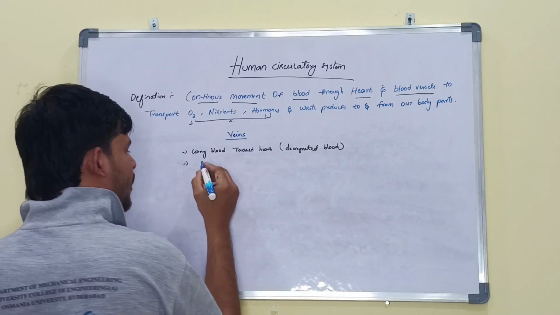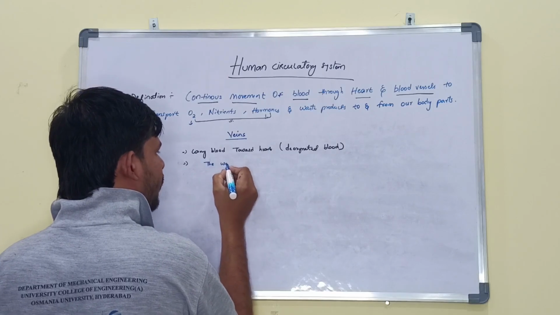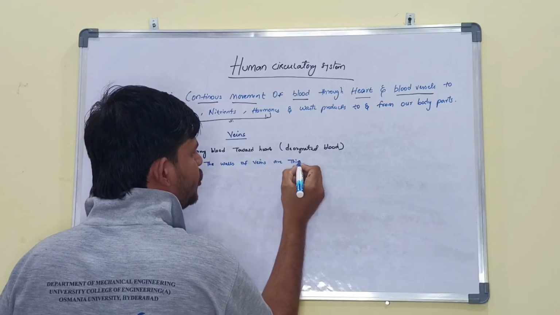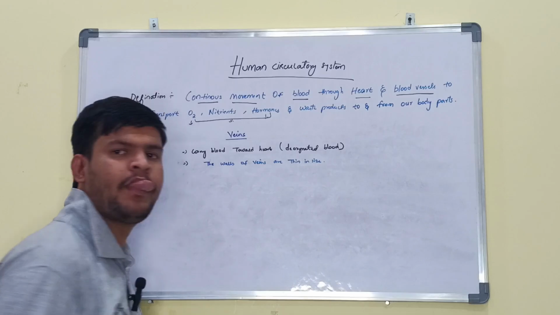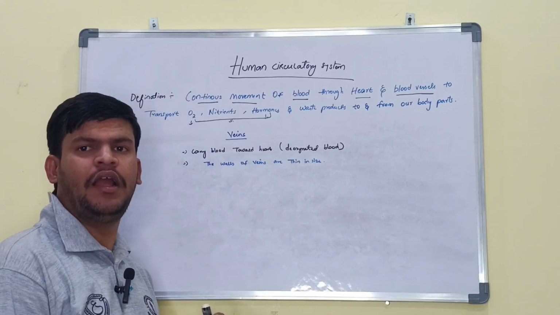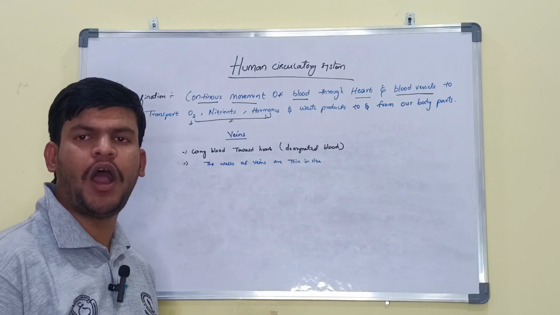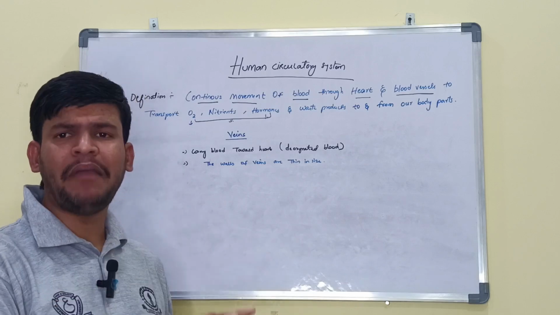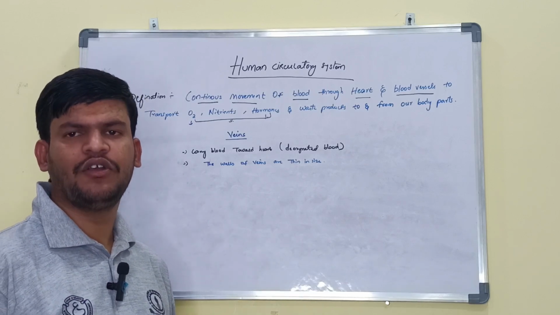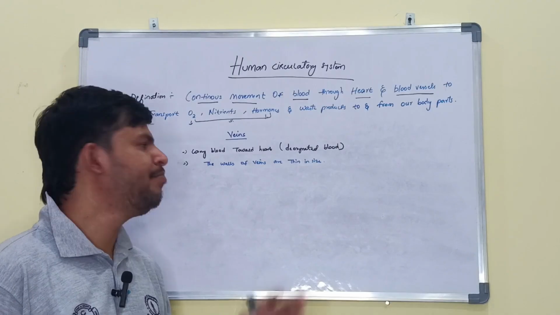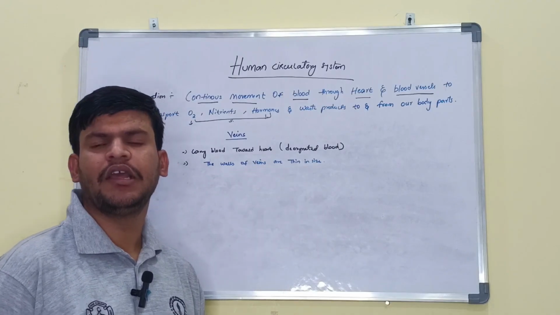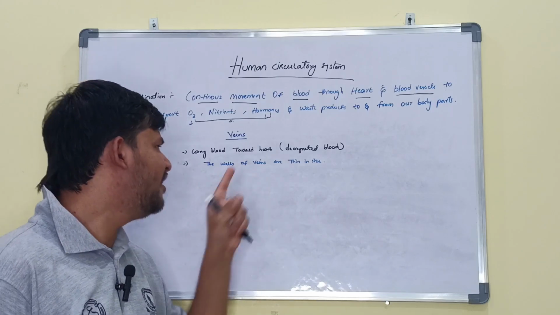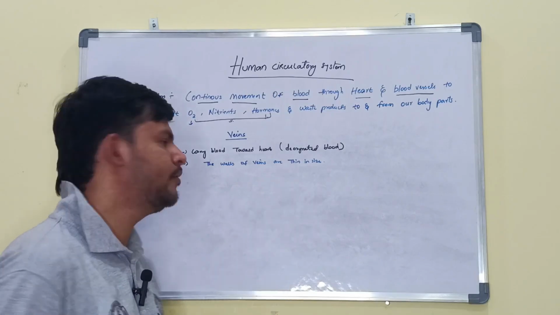Second point is the walls of veins are thin, because when the blood is transferring from all body parts towards the heart, it doesn't have that much pressure. So the veins have thin walls.